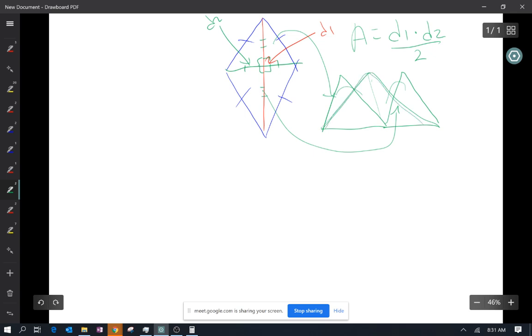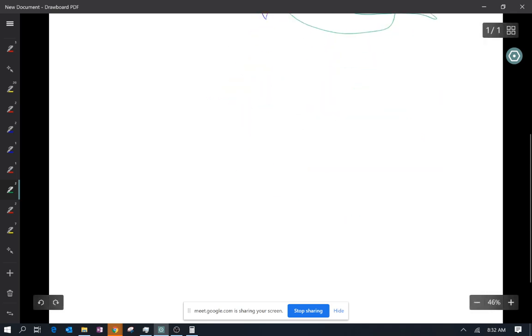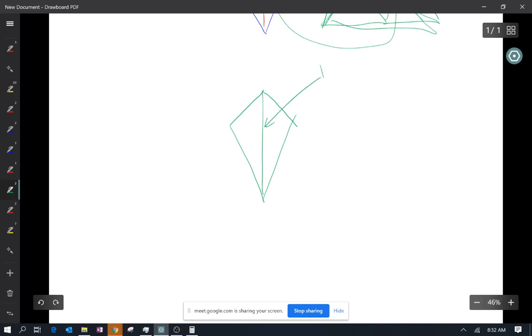I'm not going to go into the math of it. It's a slightly annoying one to do, but that's what you're doing. You're morphing it into a triangle. And all you do is diagonal 1 times diagonal 2 divided by 2. If you have a kite, the cool thing about a kite is that the same formula works. This is diagonal 1.